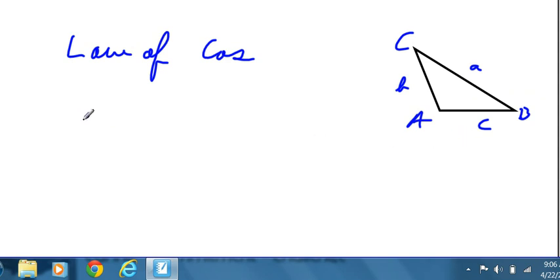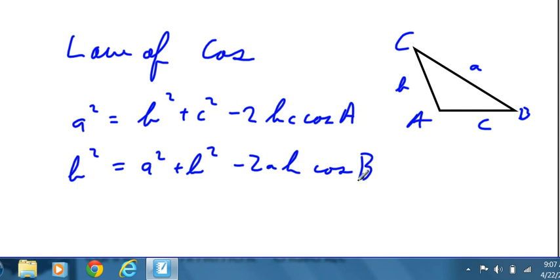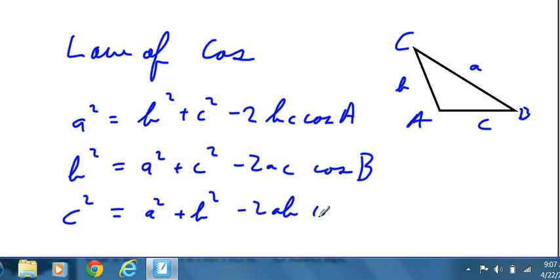Then I can say that a squared is going to be b squared plus c squared minus 2bc cosine A. And b squared is going to be a squared plus c squared minus 2ac cosine B. And c squared is equal to a squared plus b squared minus 2ab cosine C.